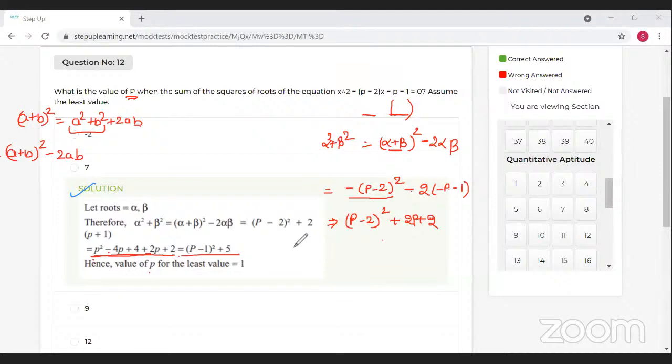Where is the answer? Okay, answer is 7. Okay, fine. One minute, let's look at it.